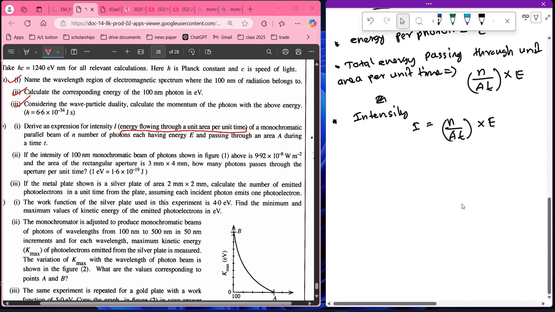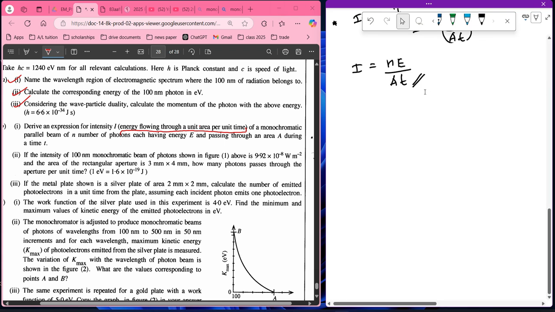So finally, I equals nE divided by A t is our final answer. If you just write this expression, you'll be able to acquire most of the marks, because they ask us to derive. So you need to define each and every term, the way you are going to apply it, and then finally how you conclude that this intensity came because of this.